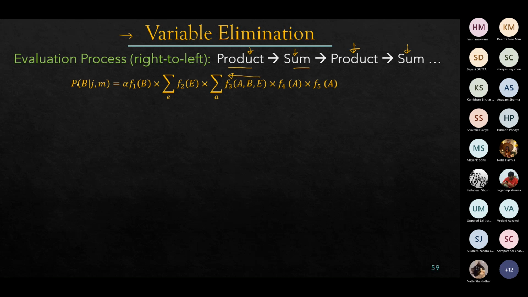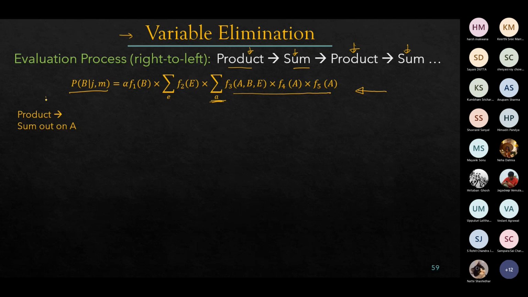We'll be taking the same example. We have these factors, and out of these factors I want to come up with the value of probability of B given J and M. The first thing that we'll be doing is scanning this formula from right to left, and we'll be computing these products first. Then we'll be summing over the product on this variable.